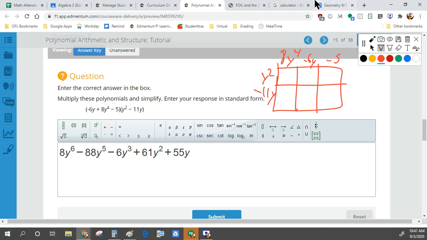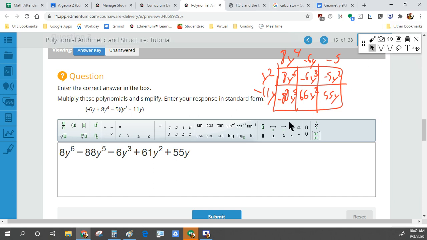So from here, if I were to finish this box, let me finish it real quick. 8y^6, negative 88y^5, negative 6y^3, positive 66y^2, because the negative and the negative make a positive, negative 5y squared, and positive 55y.